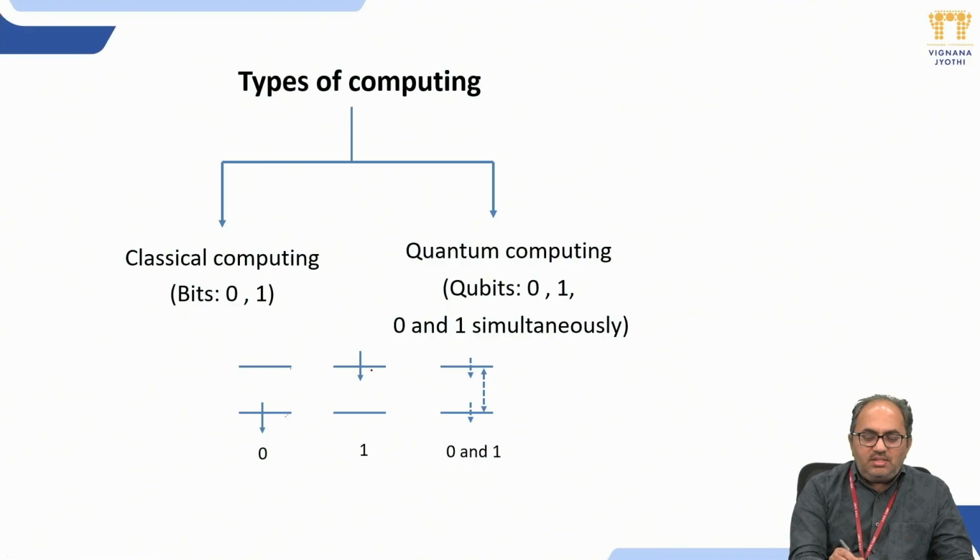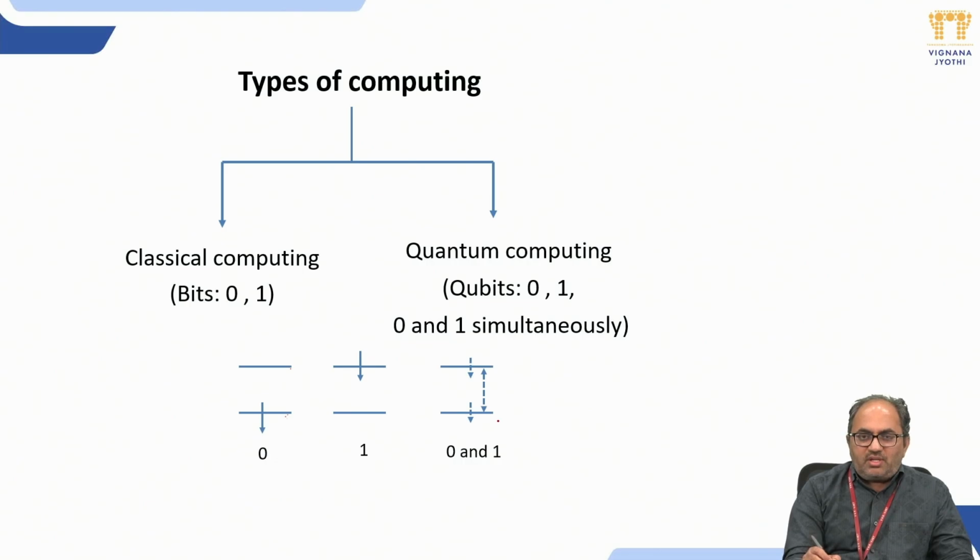Similarly, if the electron is in the higher energy state, I represent this state as bit 1. So when I say the information is converted into state 0 and state 1, the physical representation of those states is in the form of electronic states. An electron in the ground state represents bit 0, and an electron in the excited state represents bit 1. So we can understand this easily.